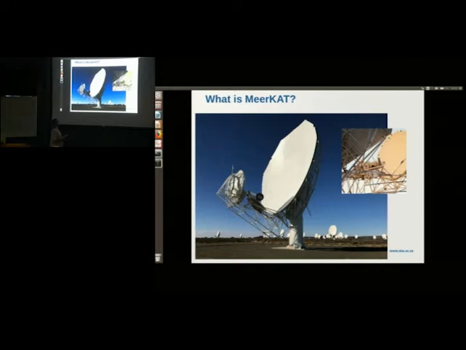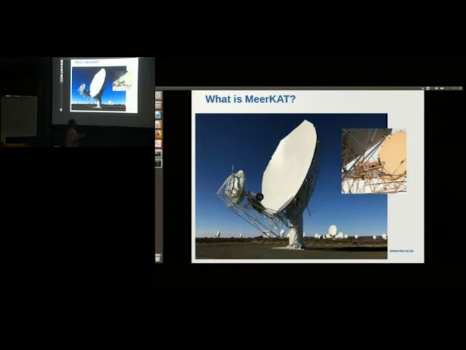All of the RF signals are sampled at the feed. This is a zoom in of what the feed indexer looks like. These are the receivers. The job of the receiver is to collect the radio signal and convert it into an electrical signal, which is an analog signal.